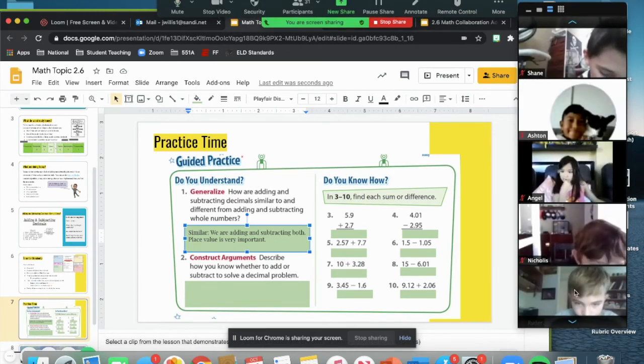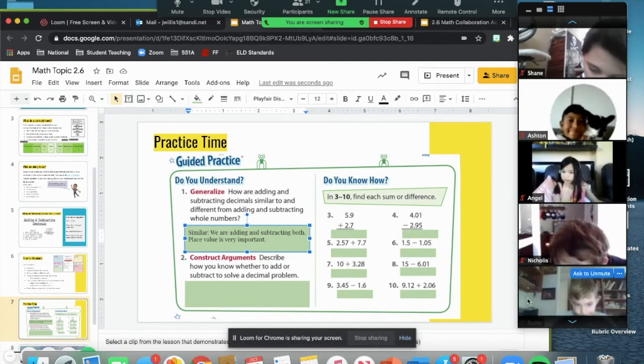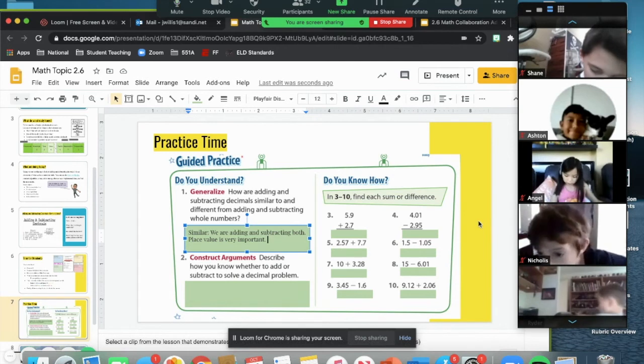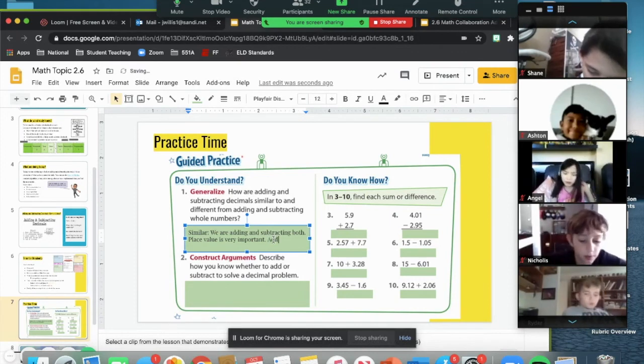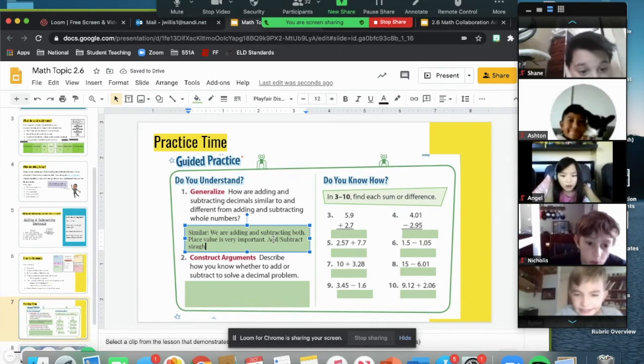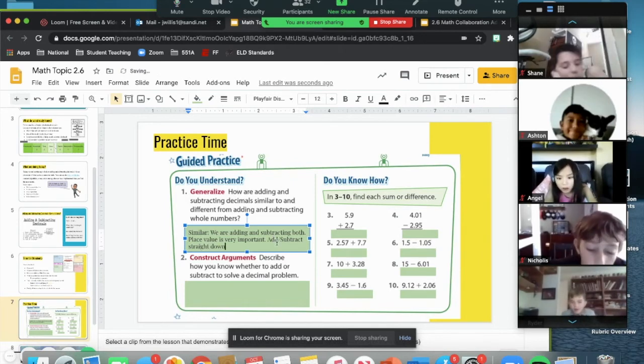How about when we're adding or subtracting, when you line it up in standard algorithm, you add or you subtract straight down.